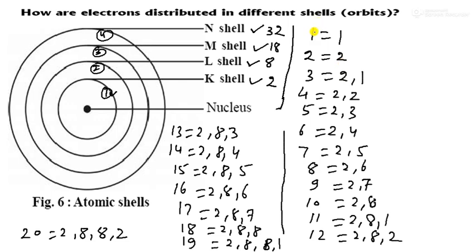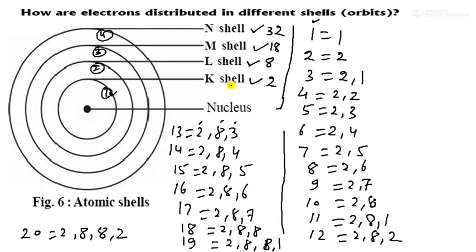So these are the atomic numbers, 1 2 3 4 5 6 7 8 9 10 11 12 and 13 14 15 16 17 18 19 20. This is the first orbit, given here, this is your second orbit, given here, and this is the third orbit, given here. So you can fill all the electrons in this way.